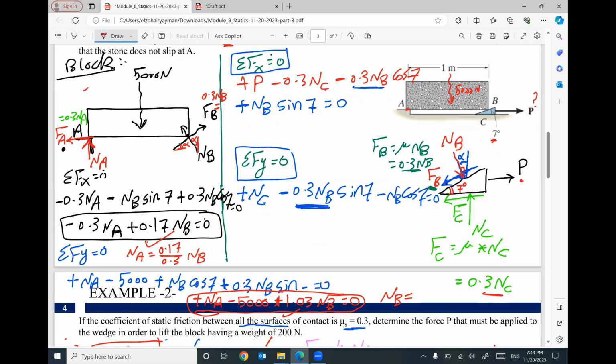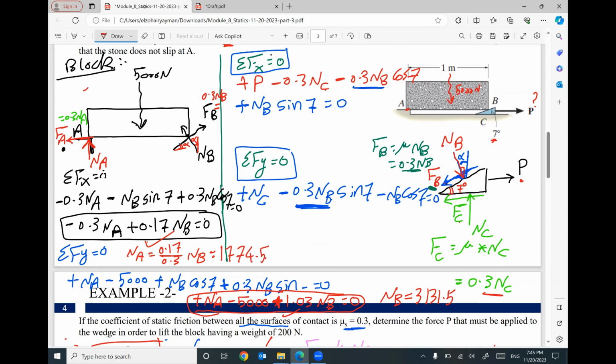So 0.17 divided by 0.3 plus 1.03, this is plus, divided by 5,000. So the value of NB will be 3,131.5. If you go back here and put NB this value, the value of NA will be 1,774.5.